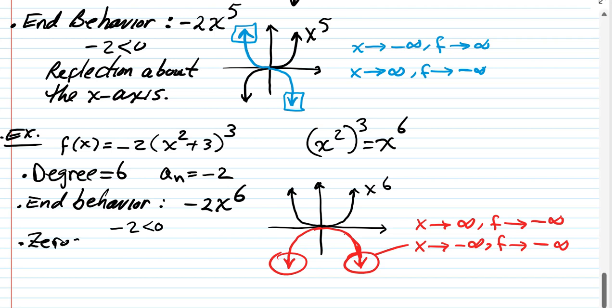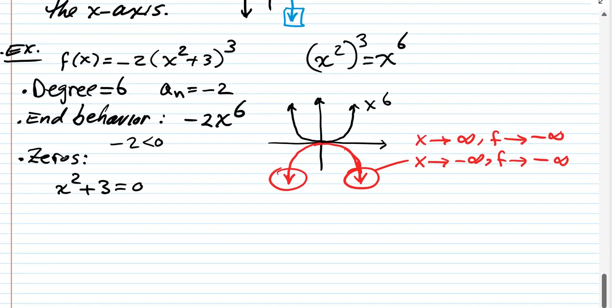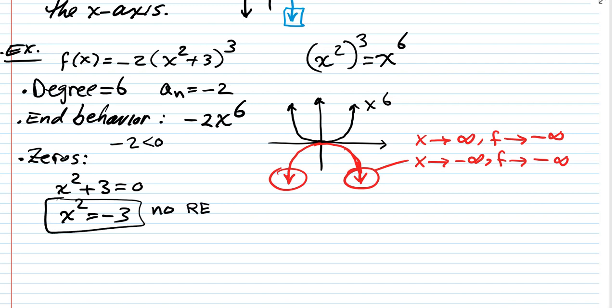For zeros, remember we said the factor equal to 0. That's the only 0 here happens when x squared plus 3 is 0. Now x squared, subtract 3 from both sides. X squared is negative 3. And right in here, I know that there is no real solution. That means there are no real zeros to this function.